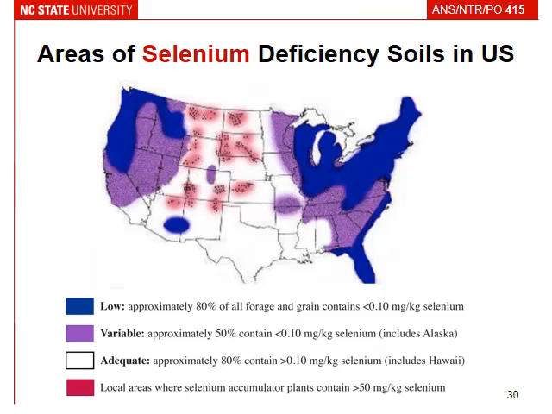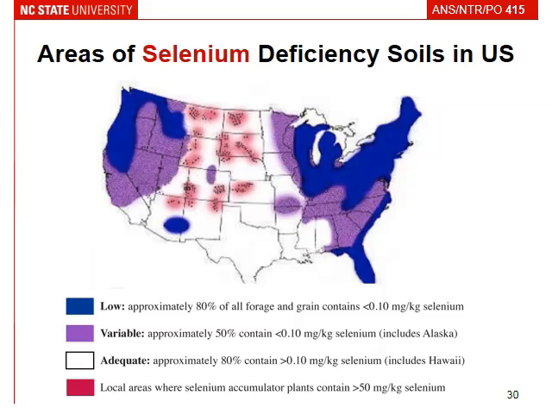And then we have various areas with variable amounts: the majority of California, Nevada, Idaho, Utah, and then North Carolina, South Carolina, Georgia.